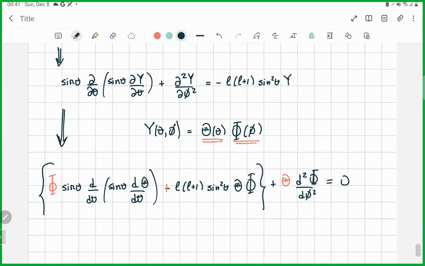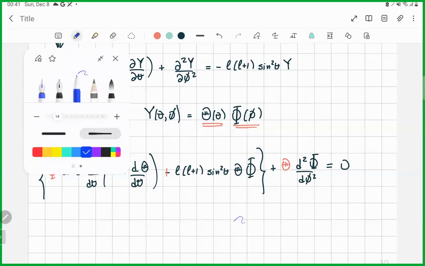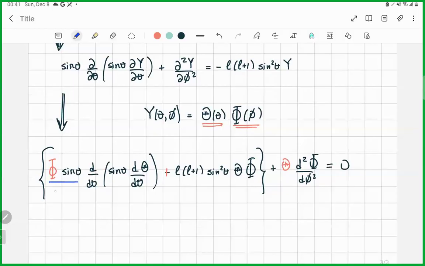Okay, so this first term here is all theta apart from our annoying function of phi. And this term here is all phi apart from the annoying function of theta. So we are going to divide the whole equation by the product of the function of theta and the function of phi.